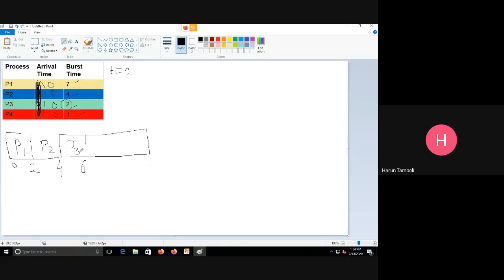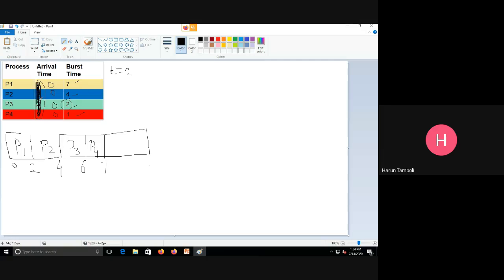So P3 will exit. After complete execution it exits. Now next P4 will start execution and complete its execution. So P4 completes execution at 7 seconds.